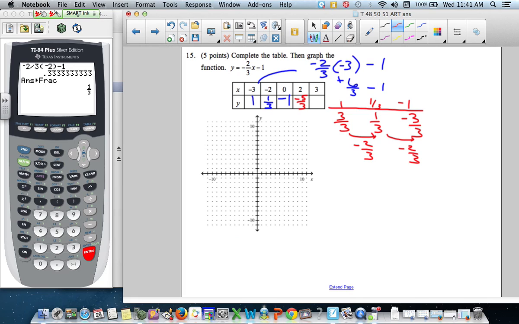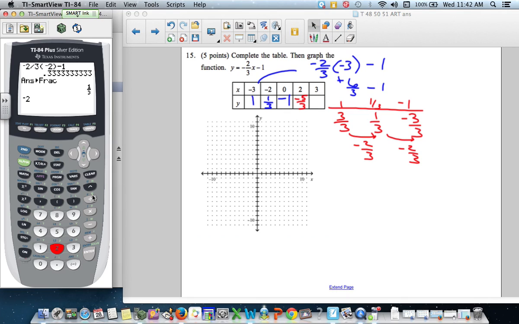Let's do it this way. -2/3 times 2 minus 1, oh, it's -7/3.